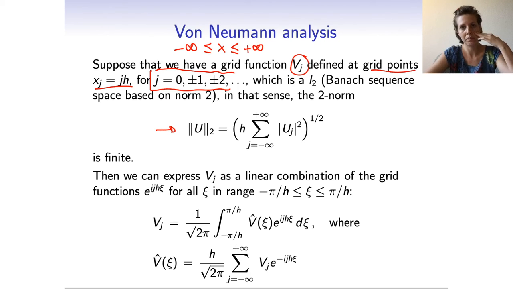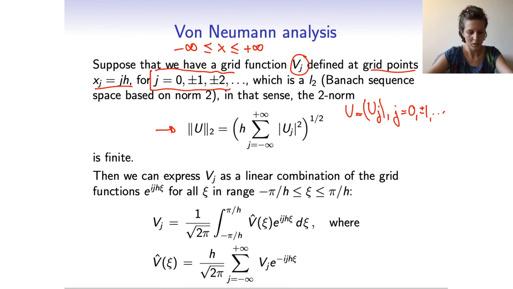So we are considering that U is a vector, is a sequence, okay? So it's some sequence given by this, okay? And so on.